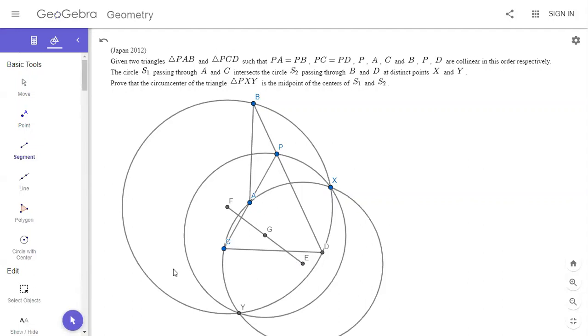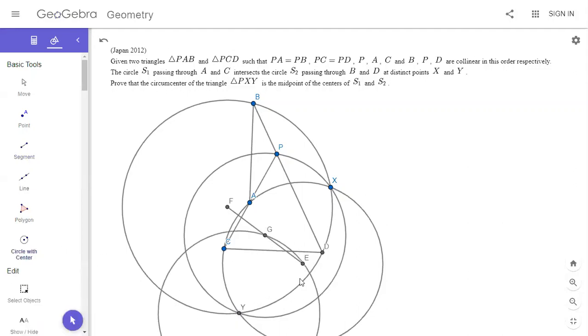Yeah, I'm trying to use spiral similarities. So is YPB similar to YDX? I don't think so. They don't look similar. Is YGB? Well, I don't think so.